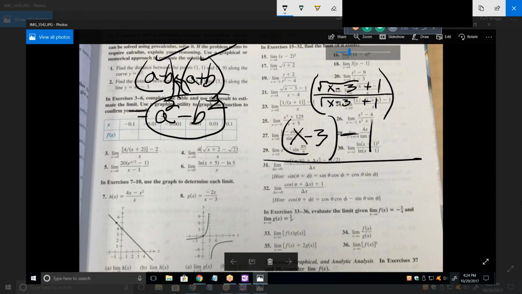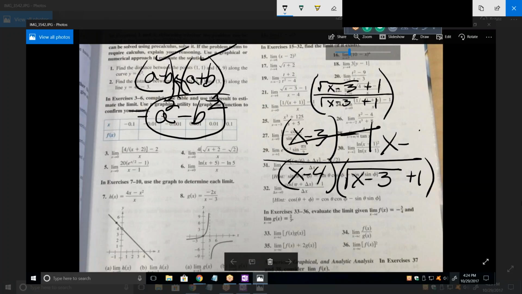The denominator becomes, and you don't ever want to multiply these together, even if you could, you can't here, so I'll just write it out. Now the top is x minus 4. Now plug in 4 for x.